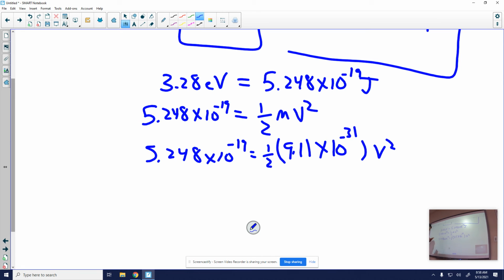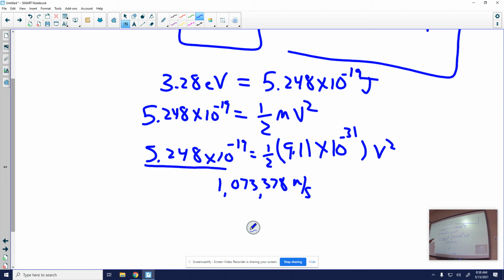It is moving at 1,073,378 meters per second. And so just a measly 5 times 10 to the negative 19 joules will give an electron moving that fast.